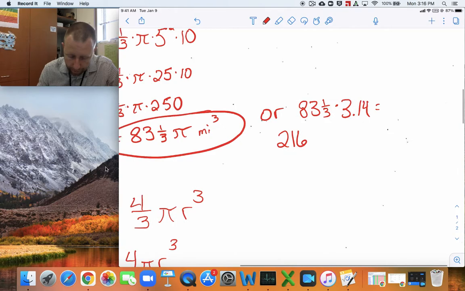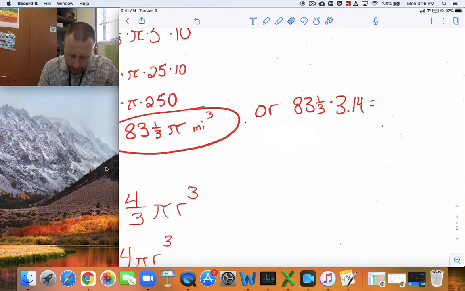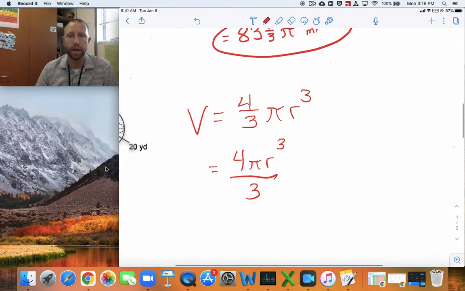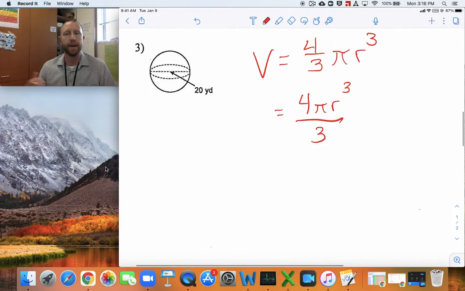Oh, I guess I got room over here. Let's put it over here. I wrote it down wrong anyways. It's 261.6 repeating, which we know is the same thing as 2/3 cubic miles. Like I said, that's a really big cone.